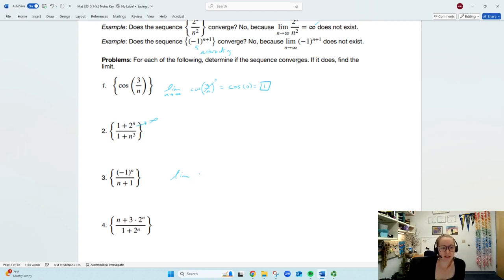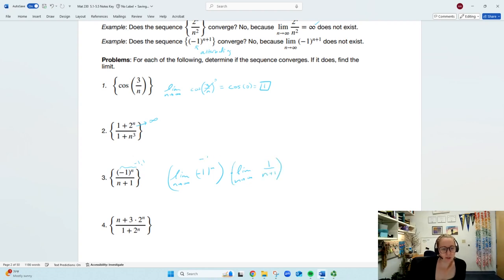Okay, if I take a look at this one, I already know it's going back and forth between, well, hold on, we're going to take a look at this. So this part is in between -1 and 1. But my n plus 1 here on my denominator, I can actually break this into 2 different things. So I can look at this limit times my limit as n is approaching infinity of 1 over n plus 1.